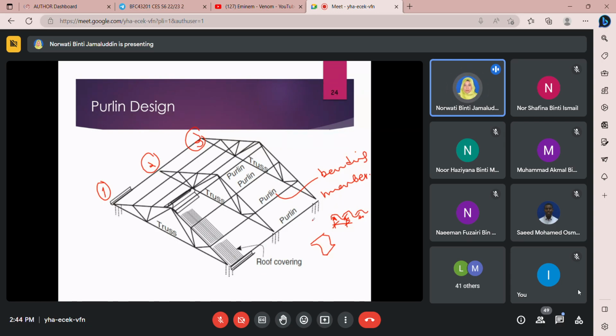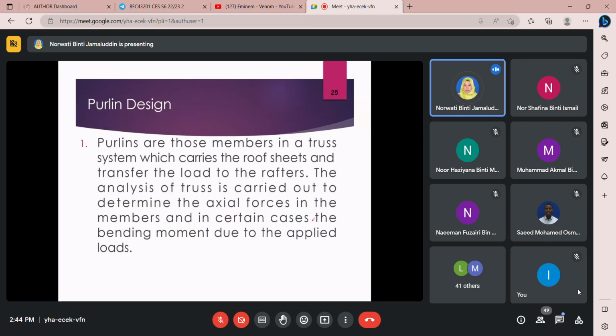Purlins, like I said, will carry the roof sheet or roof covering, the atap, and transfer the load to the rafter. This is the rafter, and then you will have a purlin member here.